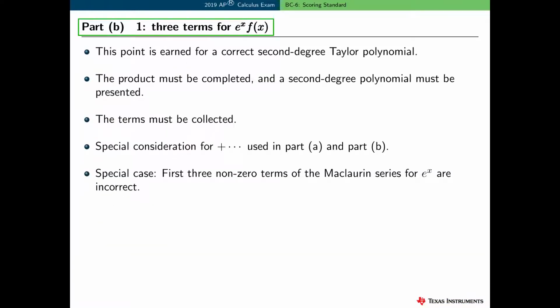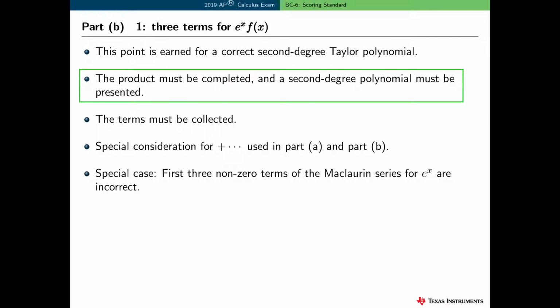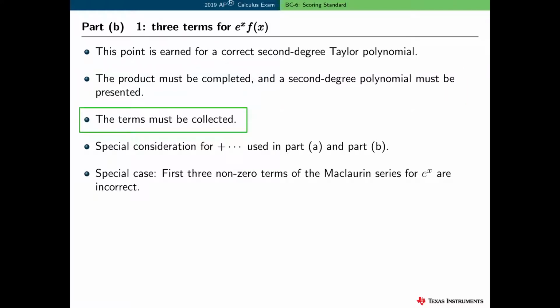The second point in Part B was for the 3 terms in the second-degree Taylor polynomial for e to the x times f of x, about x equals 0. So this point is earned for the correct second-degree Taylor polynomial, and the product must be completed. The second-degree polynomial must be presented. Now, this is not a final numerical answer, so we need to see the second-degree polynomial, and that means that the terms must be collected.